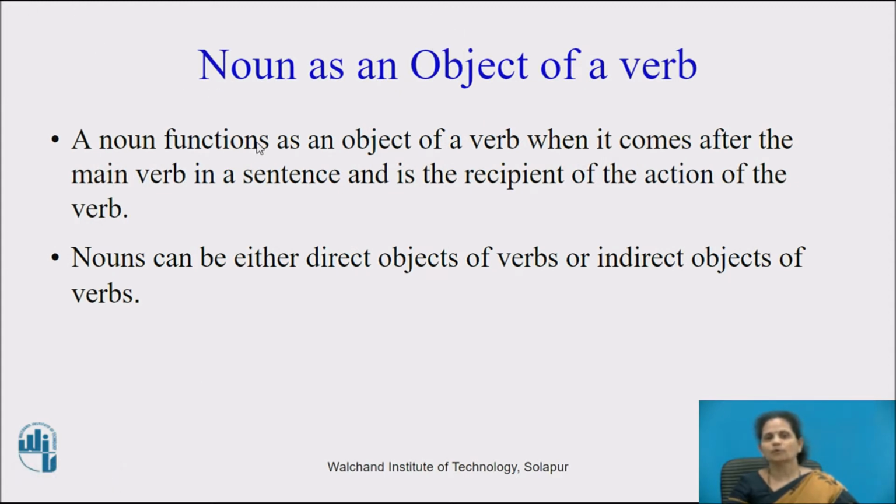So, noun also functions as an object of a verb. A noun functions as an object of a verb when it comes after the main verb in a sentence and is the recipient of the action of the verb. Nouns can be either direct objects of verbs or indirect objects of verbs.